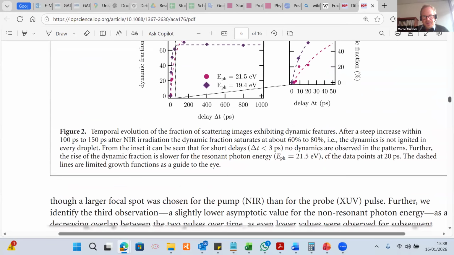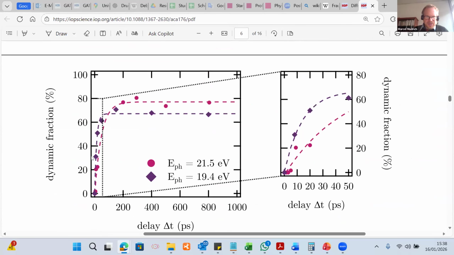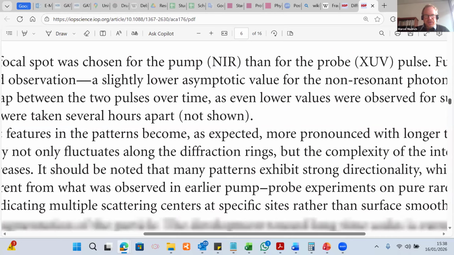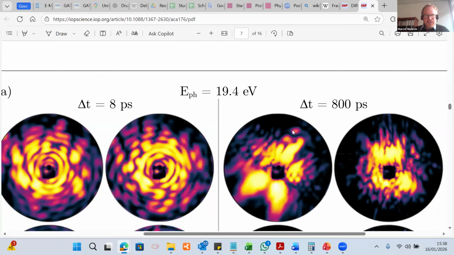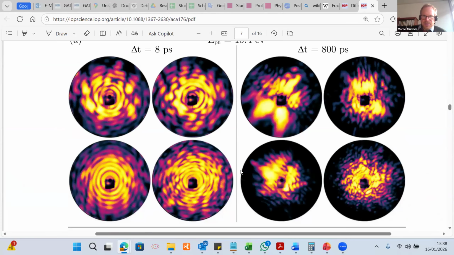But for very long delays, they could actually do some kind of pump-probe curve, with very coarse sampling, but going up to more than 100 picoseconds, then things really start to change. You get some dynamical effects that are very nicely visible, and in particular the diffraction images then look very much fragmented and irregular.